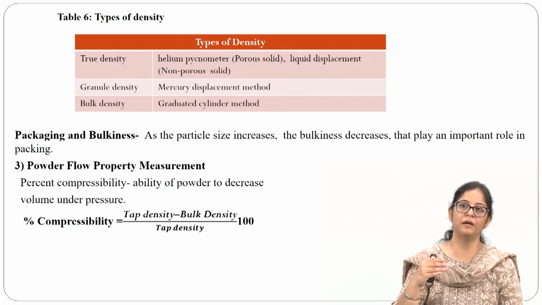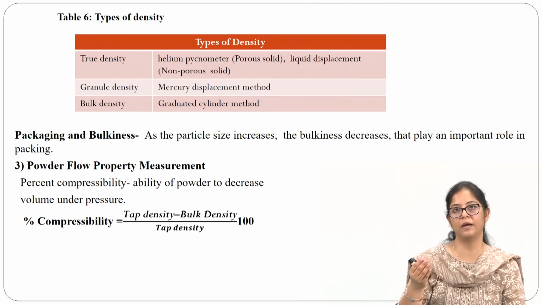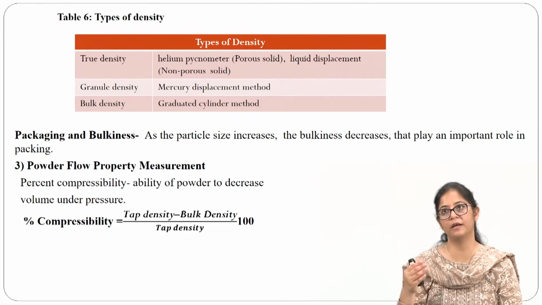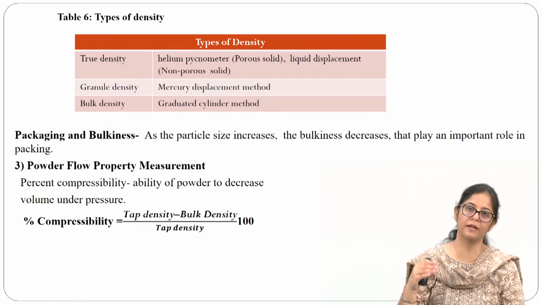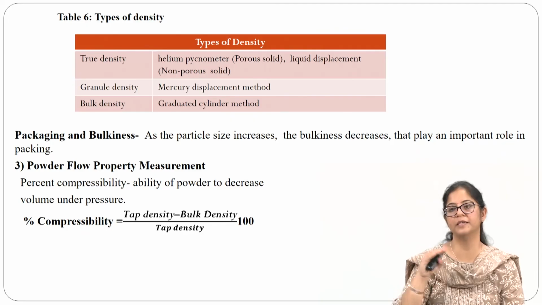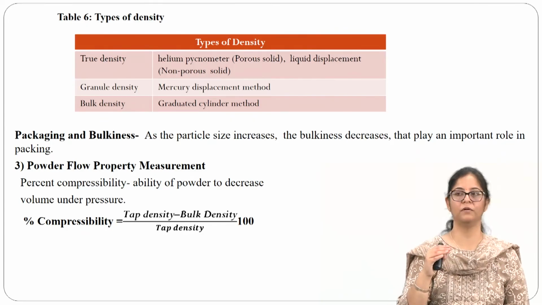Depending upon the size as well as the packing, the bulkiness of the material will change. Generally with increase in size, the bulkiness changes, and it also has an impact on the packing of the material. Packing means how the material is placed in a specific dosage form.